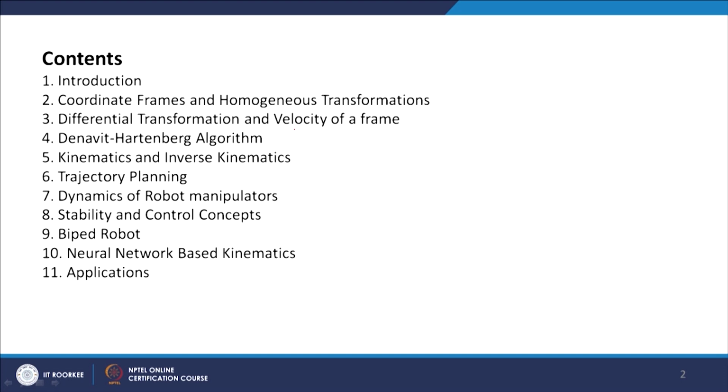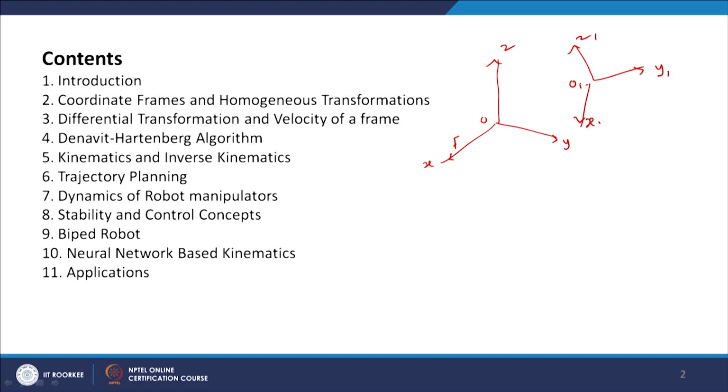So, here we will consider a coordinate frame x, y, z and the origin. It is a fixed frame, and another coordinate frame with x1, y1, z1 whose origin is called O1.